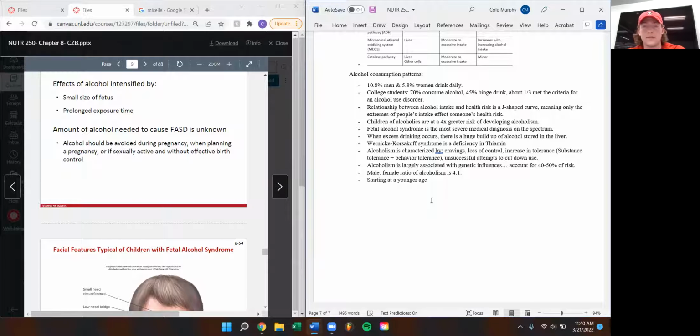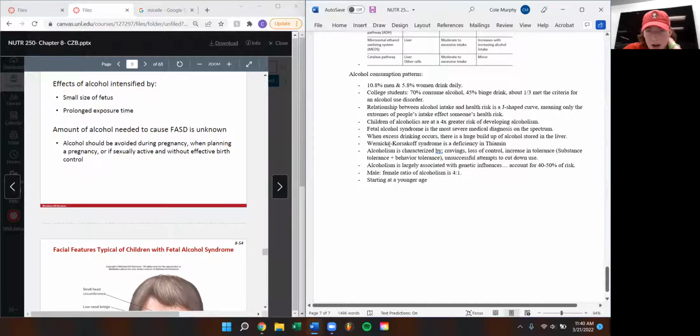And then you'll also have behavior tolerance. Over time, if you get to a 0.1 blood alcohol level over and over, you're going to be able to operate normally at that level with increased experience at that level, if that makes sense.